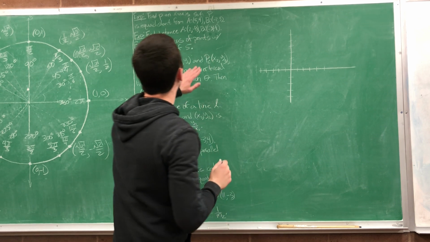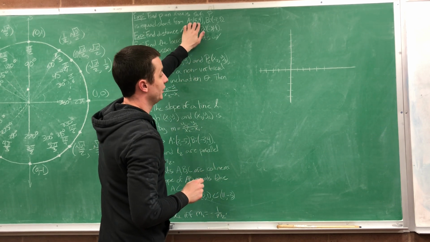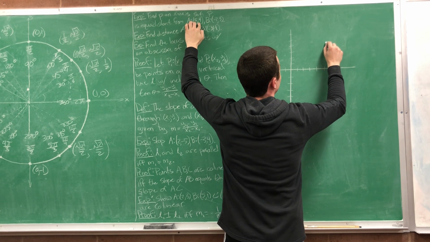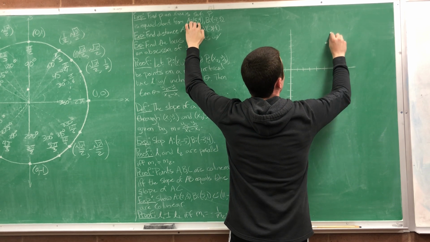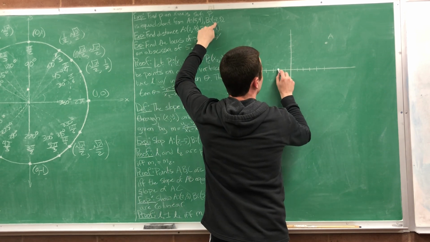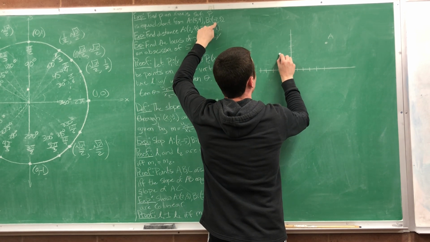So A was at 5, 4. 1, 2, 3, 4, 5. 1, 2, 3, 4. Here's A. B's at negative 2, 3. 1, 2, 1, 2, 3.